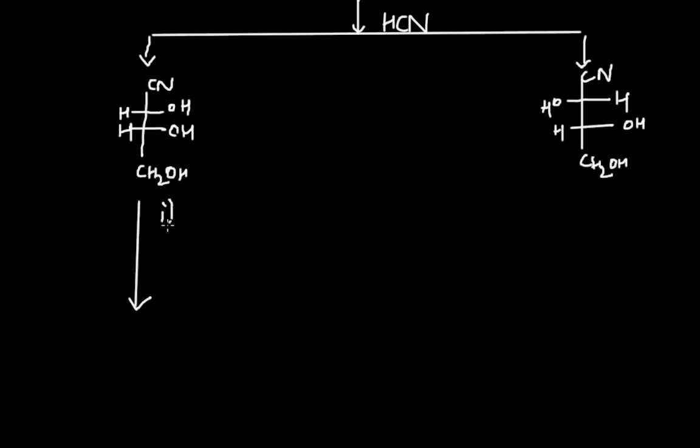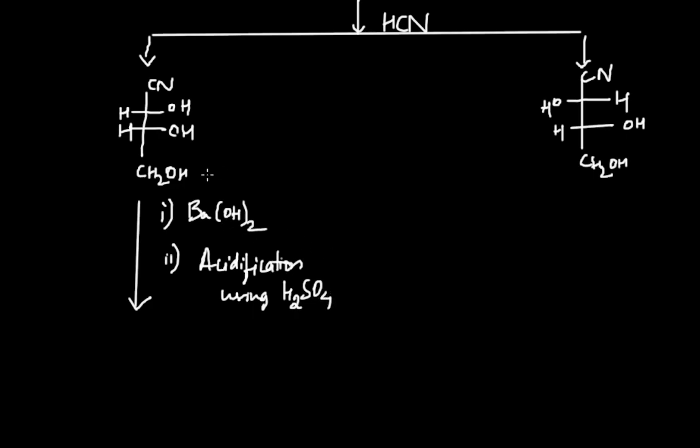The next step is the conversion of this nitrile group to a carboxylic acid group. This is done using base hydrolysis with barium hydroxide, and the second step is acidification using H2SO4.